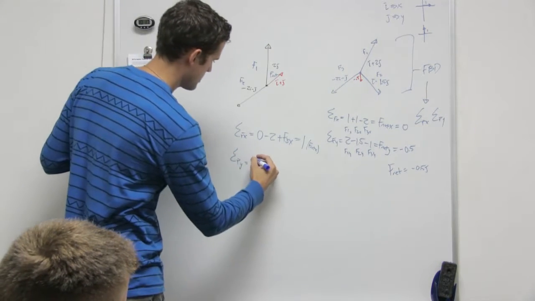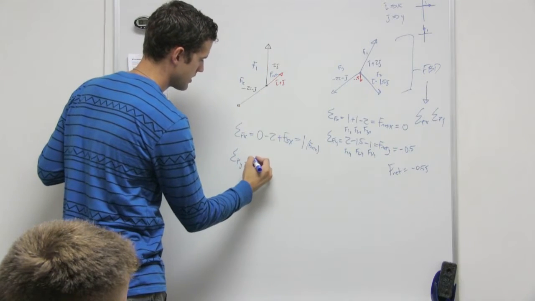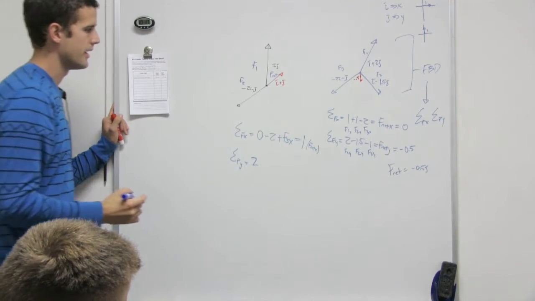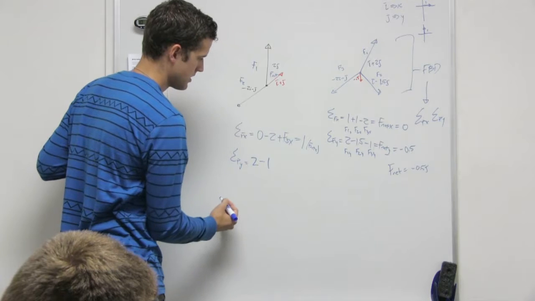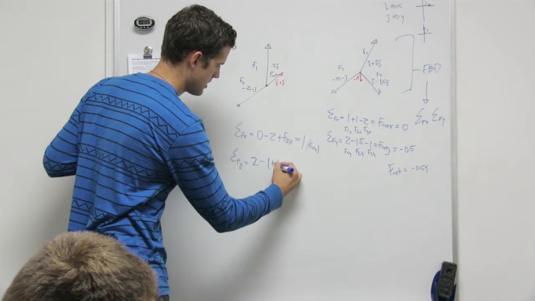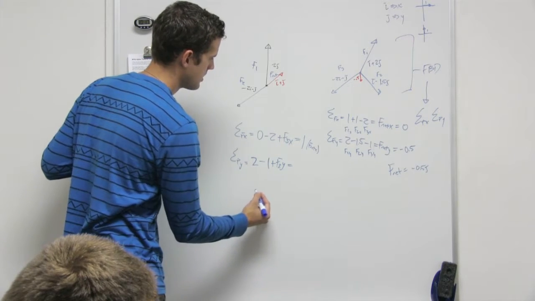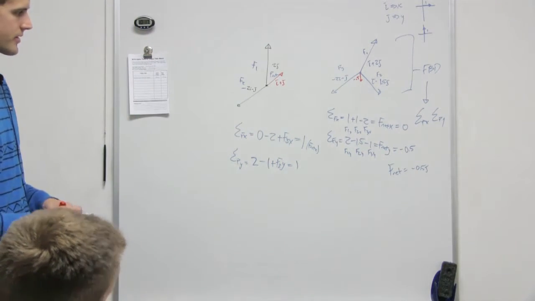So f1, the y component, is 2j, and then negative 1, plus f3y equals 1. Then you can solve for f3.